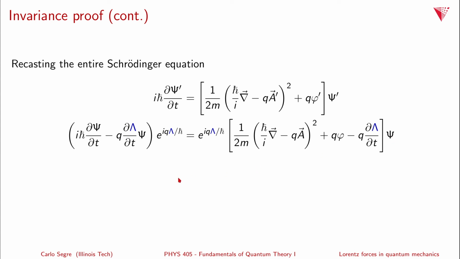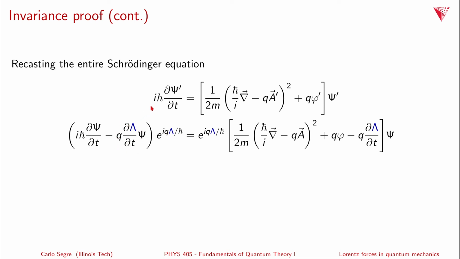And so, from the left side, we had to take the derivative of ψ, and then we have the derivative of that second term times ψ, because it's e^(−iqλ/ħ). That's this derivative here.